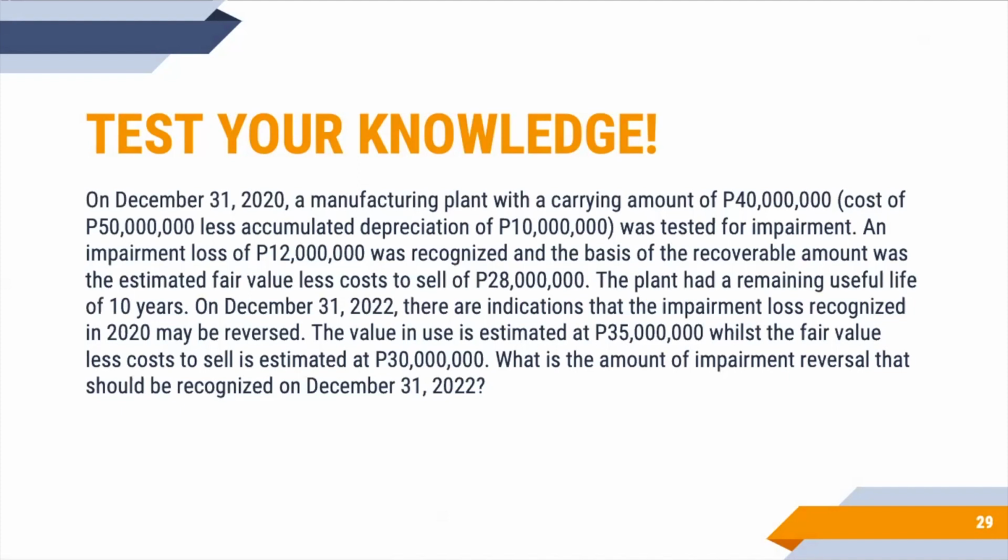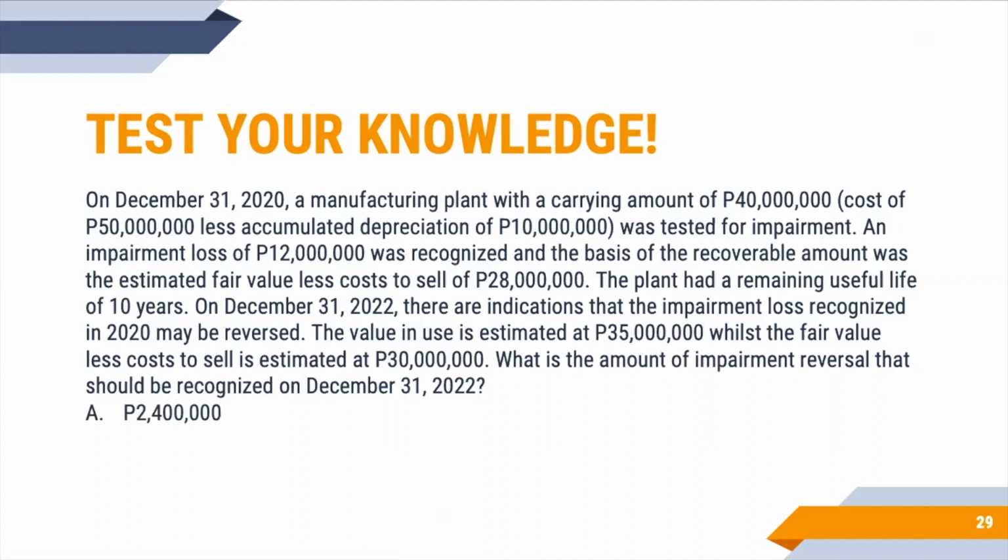On December 31, 2022, there are no indications that the impairment loss recognized in 2020 may be reversed. The value in use is estimated at 35 million, whilst the fair value less cost to sell is estimated at 30 million. What is the amount of impairment reversal that should be recognized on December 31, 2022?